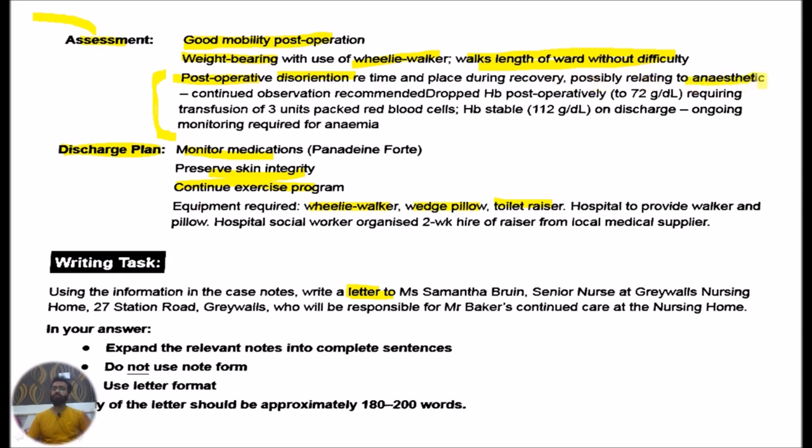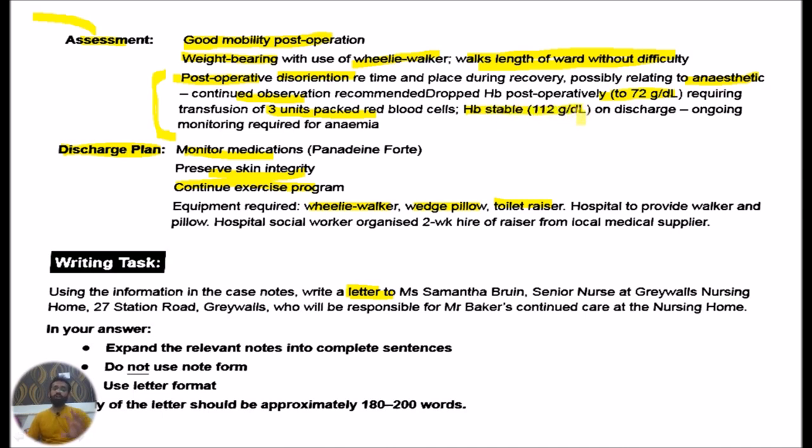So post-operative disorientation was there, and we suspect this is related to anesthesia. So we continued patient observation. Post-operatively there was also anemia. His Hb was 72 grams per liter, requiring 3 units of packed cell transfusion, and as a result his Hb was 112.